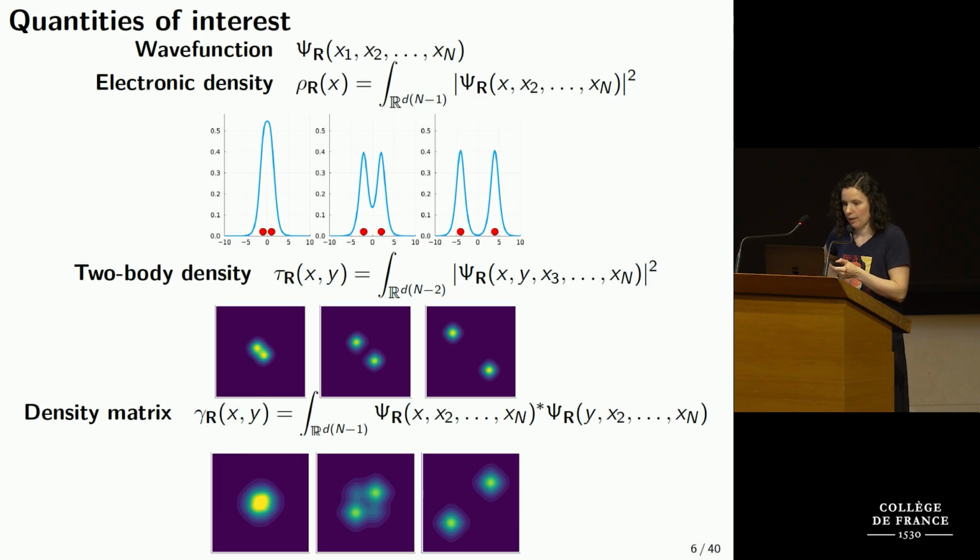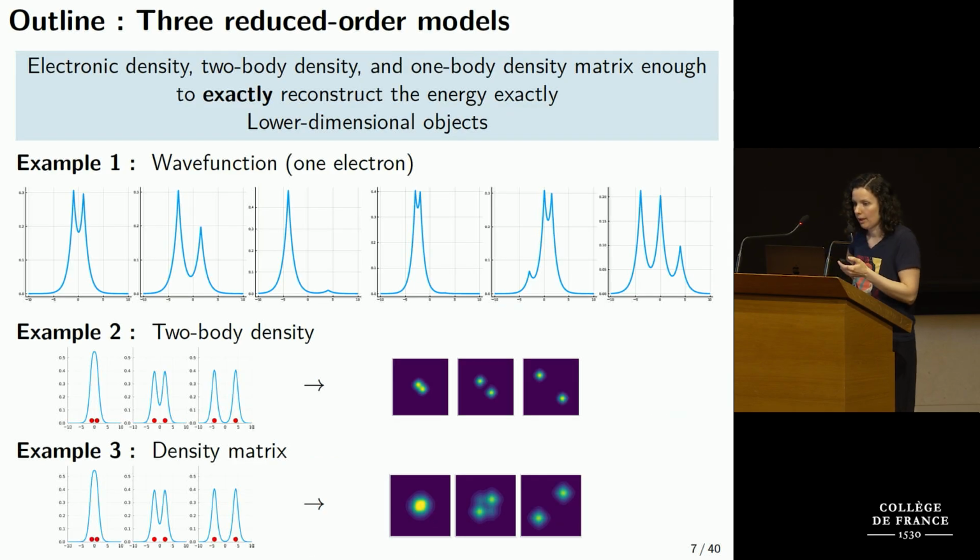Okay, and so since these objects are kind of enough to reconstruct all that we need to compute electronic properties, I will try to build reduced models for these objects. And so in my talk, I would like to present 3 different examples. The first one will be inspired by learning the electronic density.